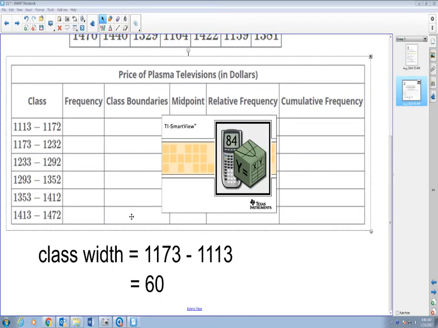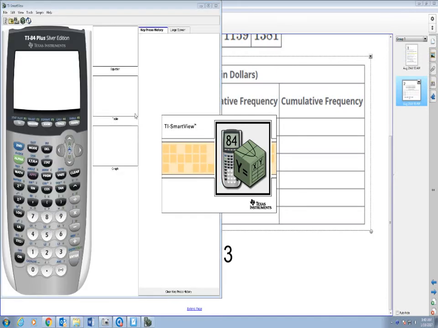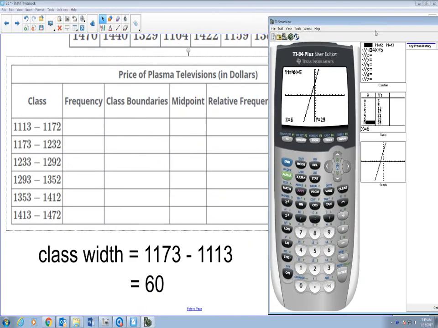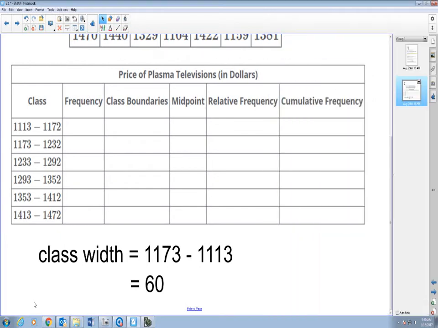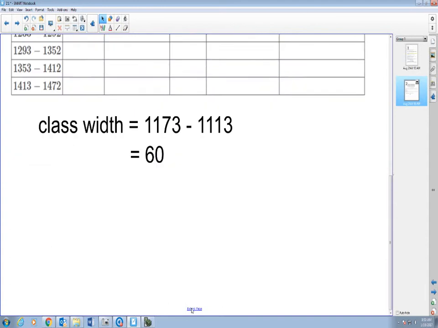Before I write my numbers in the class boundary, I'm just going to take my lower class limit and subtract 0.5. If I subtract 0.5, that will be 1112.5. I'm going to write it down here.